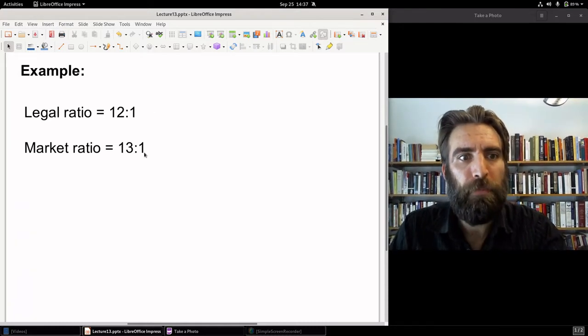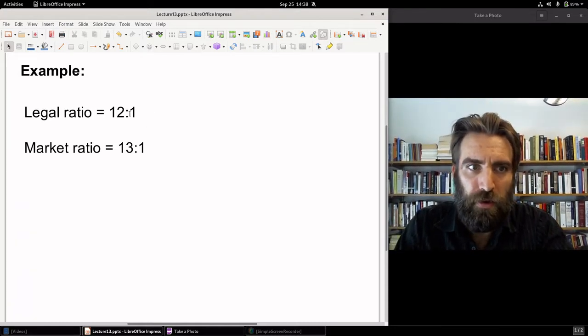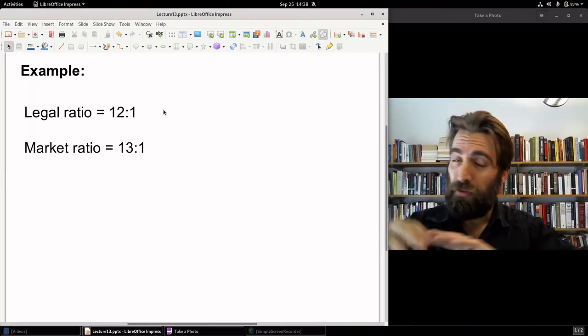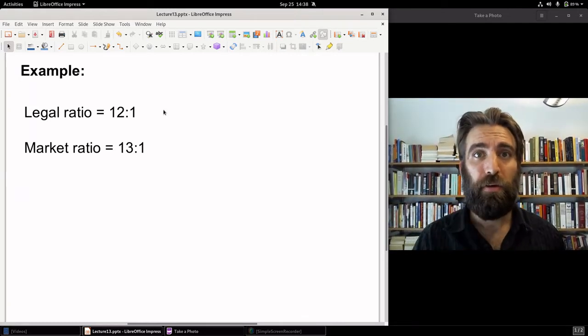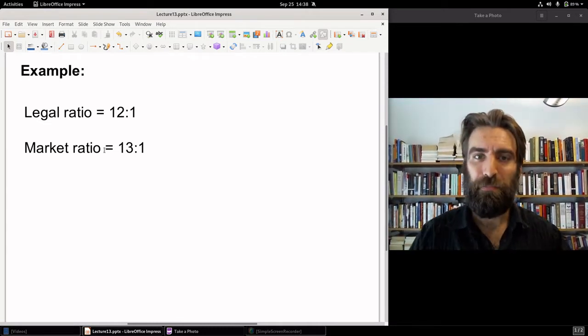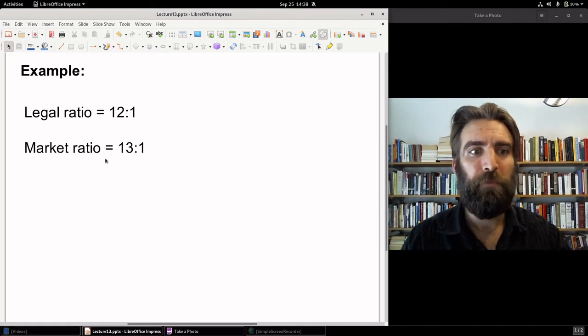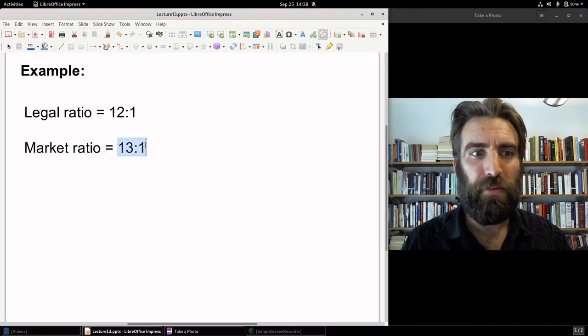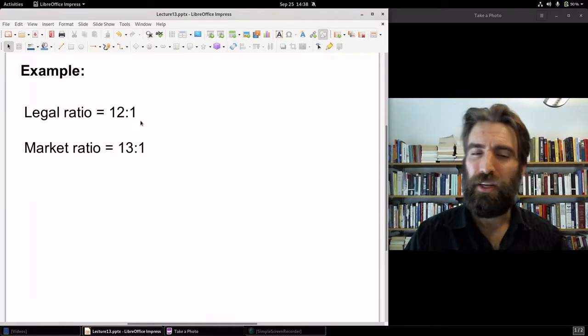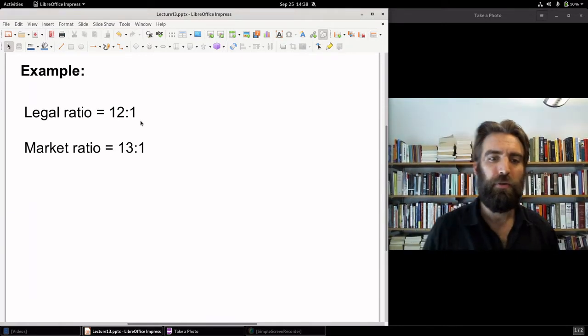But let's say a few years later, a major silver discovery is made, and all of a sudden there's lots of new silver in the marketplace, and silver falls in value. So that the marketplace outside of that country, regionally, the marketplace says, it's 13-1. But the government here sticks to the old 12-1 standard. It's in law. Laws are tricky to change, and then you have contracts and all the rest.